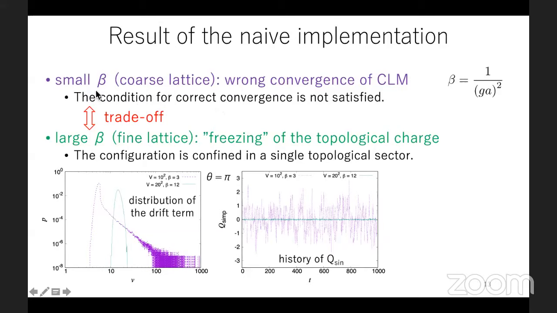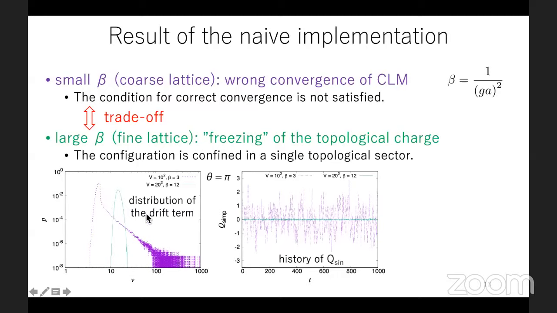It depends on the parameter region of beta. If we choose a small beta, which corresponds to a coarse lattice, wrong convergence of the complex Langevin method happens. Wrong convergence means the condition for correct convergence is not satisfied. It corresponds to this figure, the purple line.